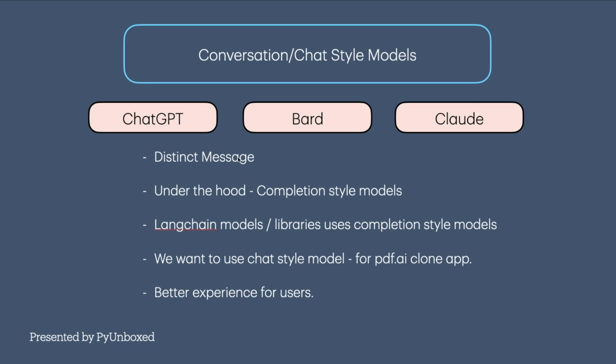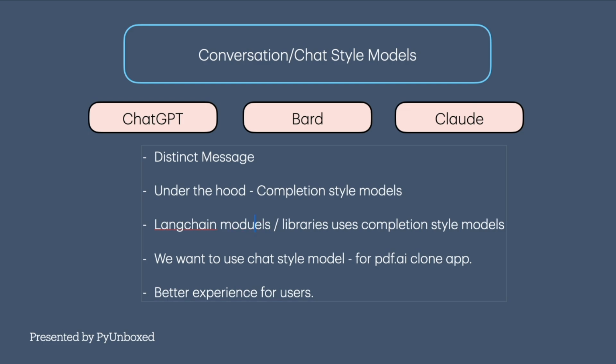These models are slightly different and they have a back and forth, conversation style of exchange. We get much more distinct messages where I say something and I get a response back, and I say something again and I get another response back. Under the hood, these are absolutely still language models which are 100% using completion style models. They are exactly the same thing. It's just that they're tweaked a little bit to make it feel more like a conversation.